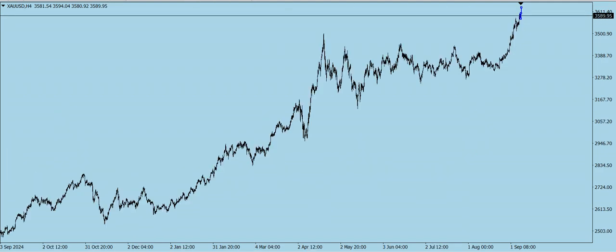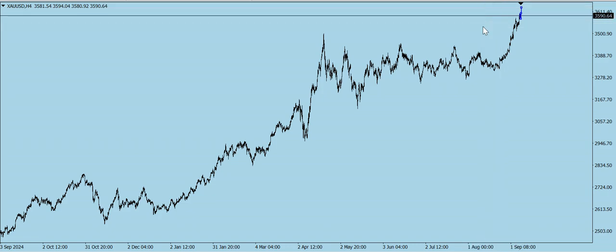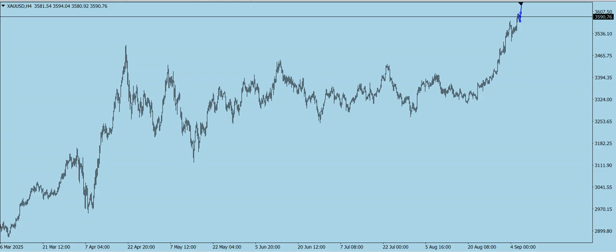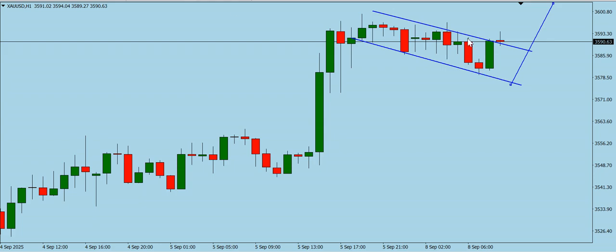In line with the flag pattern, I expect price to get to 3628, 3629, 3630 area, in line with the current breakout on the 1-hour time frame.